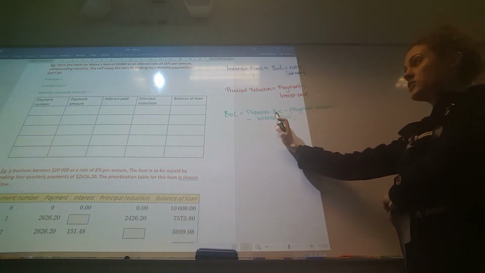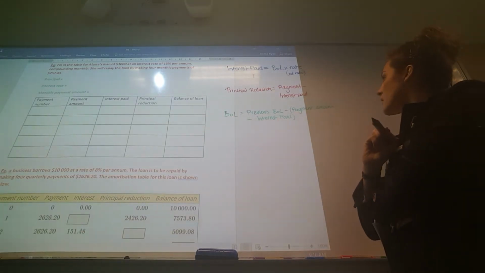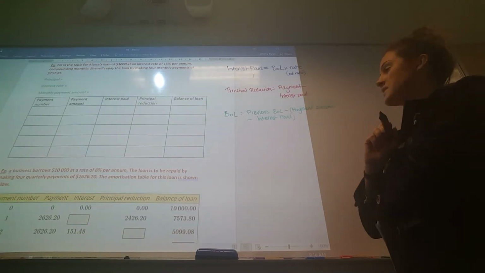Balance of the loan. So if we're working out this one, we need to use this one. Minus, take away after the balance. Yes, it is a takeaway.